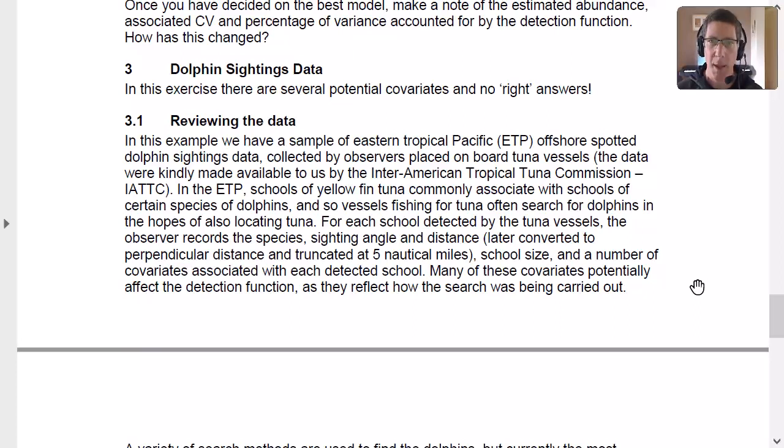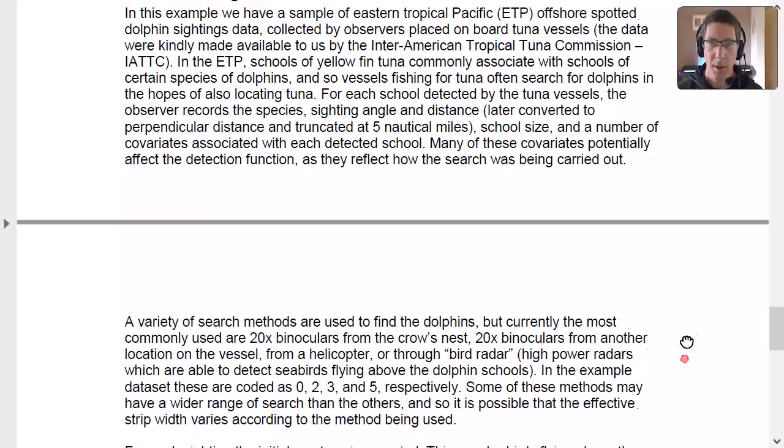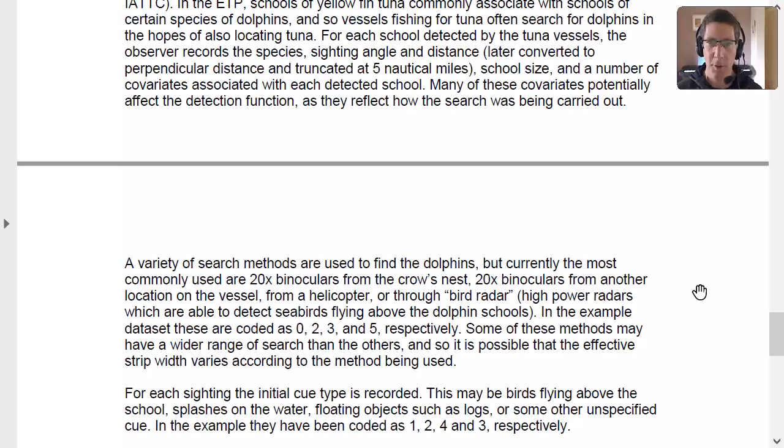And there are a number of covariates available here, including the type of cue that was involved in the animal being seen, and search method, and a number of other covariates as well. So there is no right answer in this particular case. So open up the project, try different models, and see what you come up with.